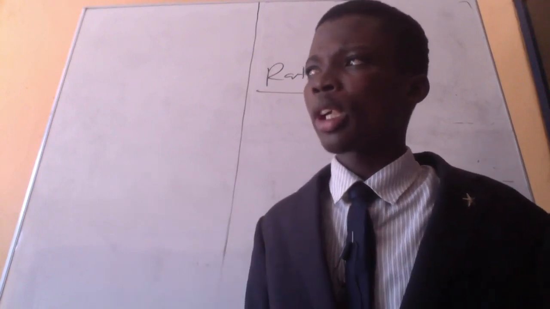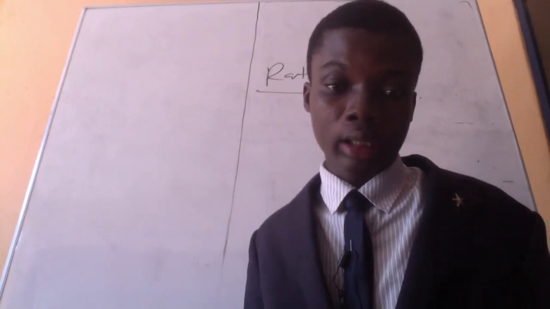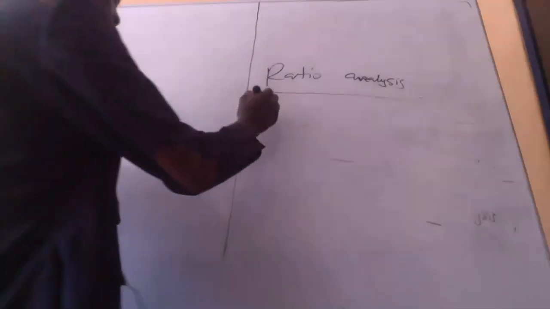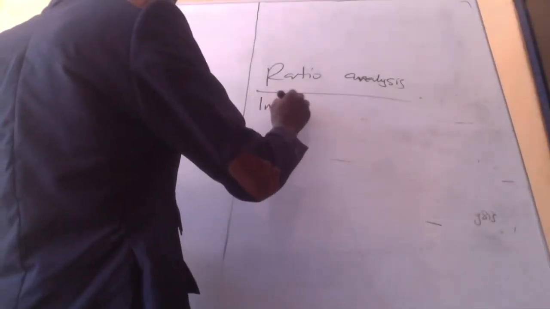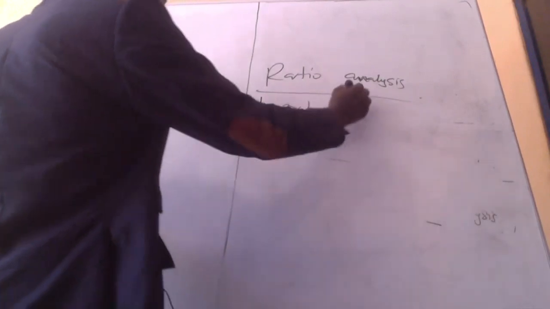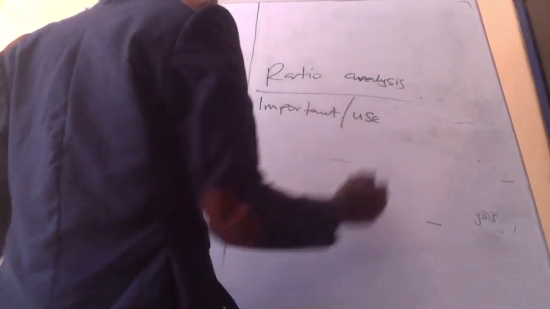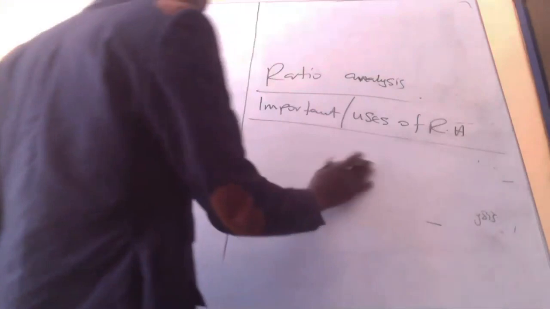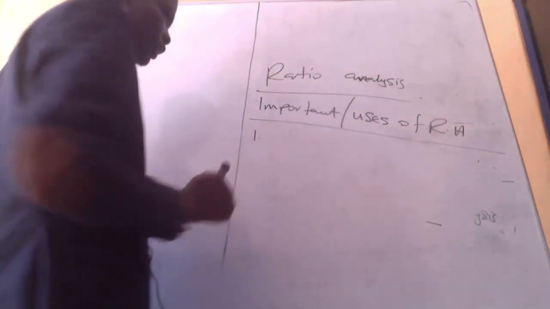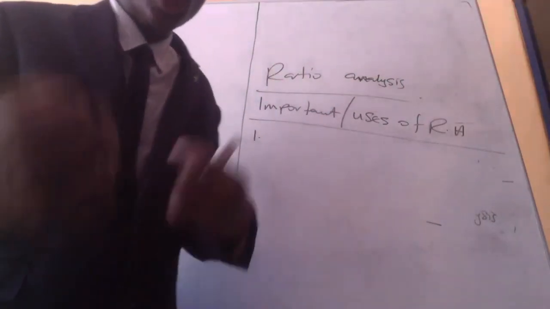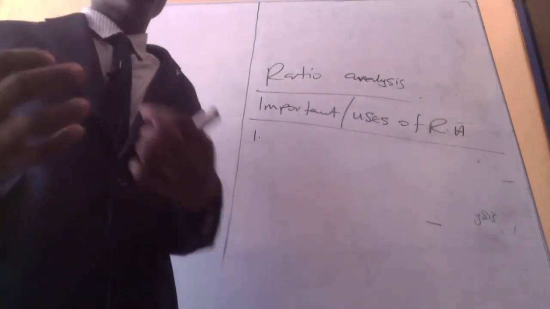So let's look at some importance of ratio analysis. Importance or uses of ratio analysis. So let me group them into one. Ratios help us to analyze the financial statement.